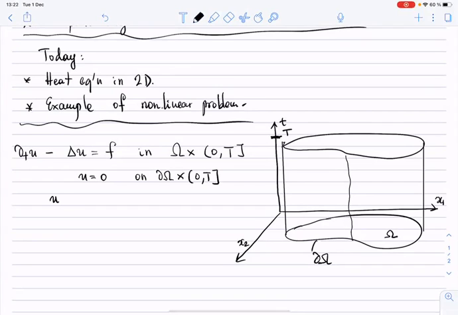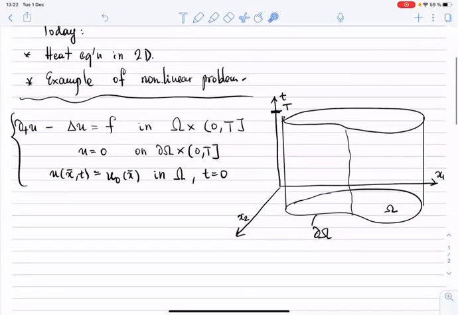So initial condition is defined as u(x,0) is equal to some given function u0 of x. So this is in omega. Of course, time is equal to 0. All right. So this equation is called heat equation.